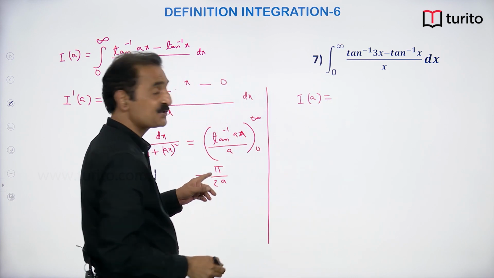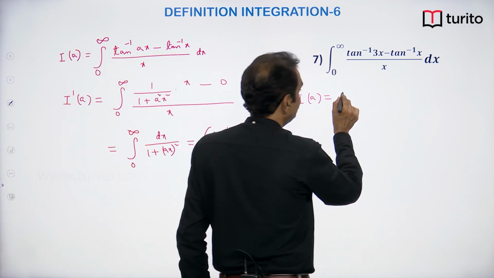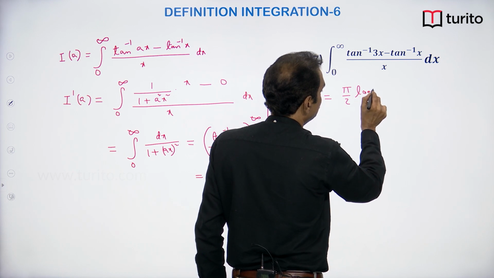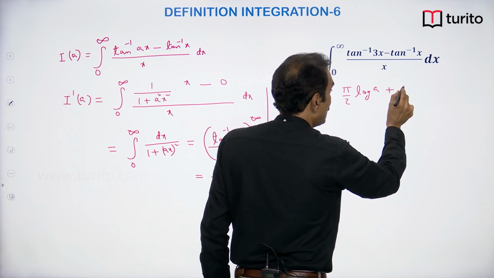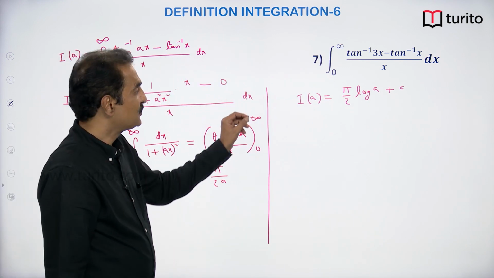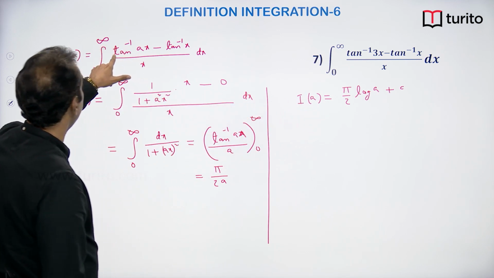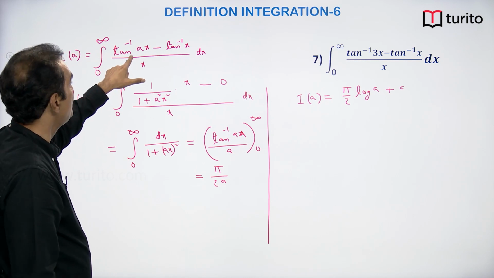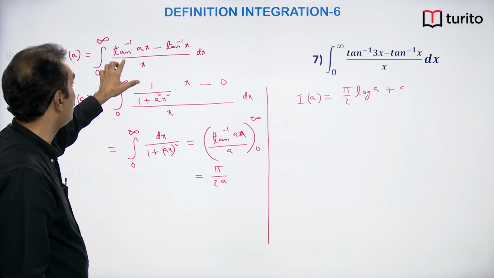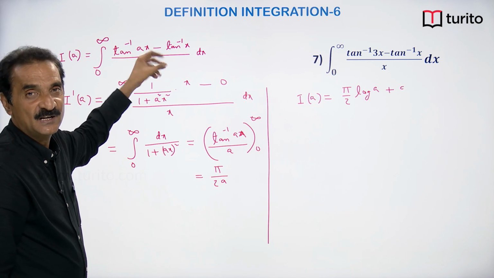I dash a is pi by 2a, then what is I of a? By indefinite integration, we get pi by 2 into log a. But we have to write constant of integration. For finding c, we have to substitute some suitable value of a, for which I of a is known. For what value of a, you will get I of a easily? Putting a is equal to 1, we are getting I of 1 as tan inverse x minus tan inverse x, which is 0, so the integral is 0.